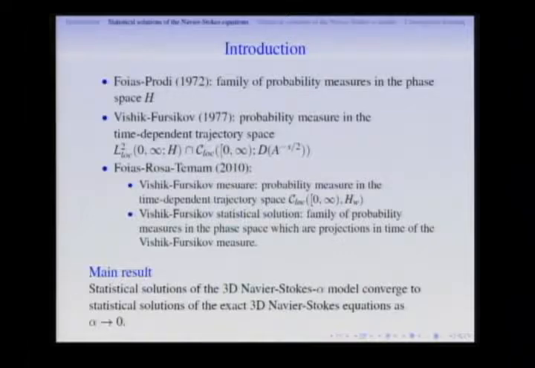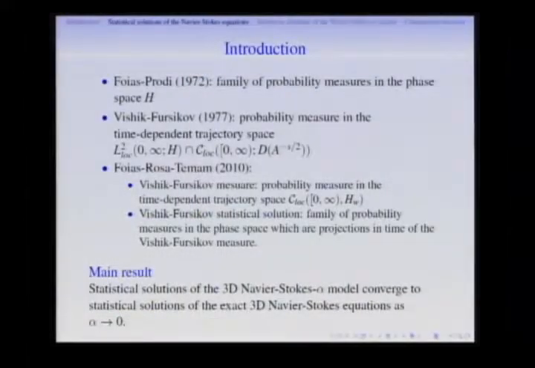And more recently, Foias, Rosa, and Temam elaborated a new notion of statistical solutions with several good properties. The first one is that they can relate the notion due to Foias and Prodi, and Vishik and Fursikov, and also with this notion, the problem is more tractable.